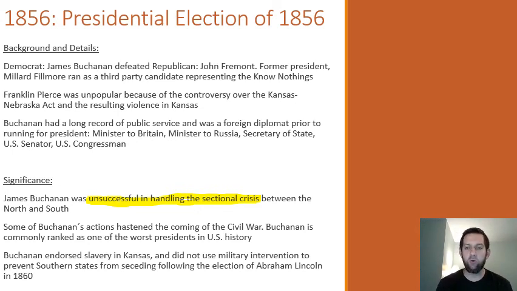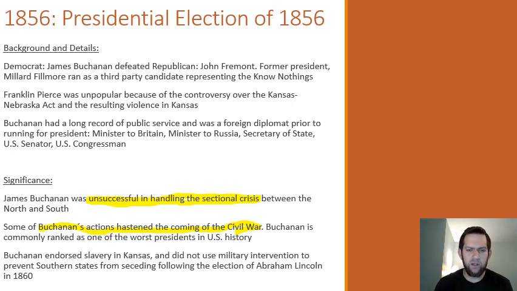So we know, looking at the years between 1856 and 1860, that not only was Buchanan an awful president in that he didn't do much, but some of Buchanan's presidential actions, including what he did regarding the Kansas problem, actually made the Civil War come quicker. And that's not something that you want to be known for, okay?